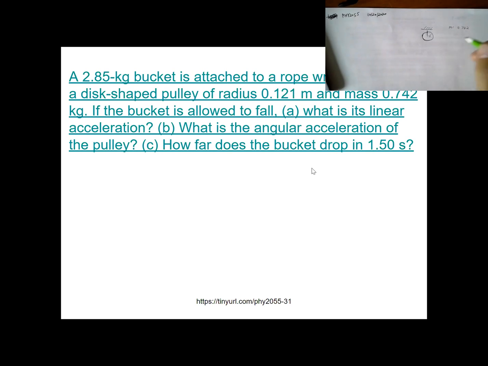I'm going to call this a small mass. The bucket, I'm going to call a larger mass. So this is 2.85 kilogram. This one's 0.742 kilogram. The radius is 0.121 meters.